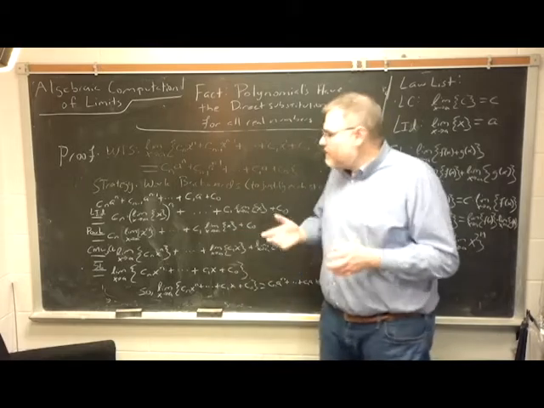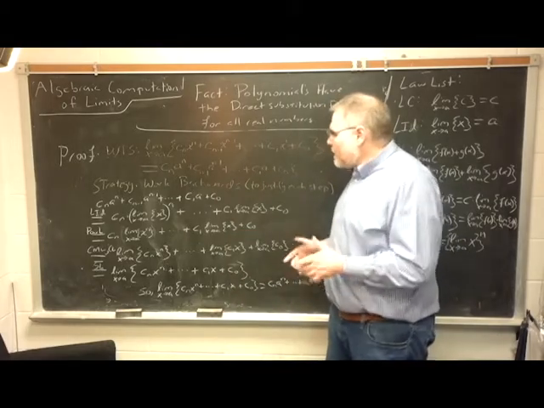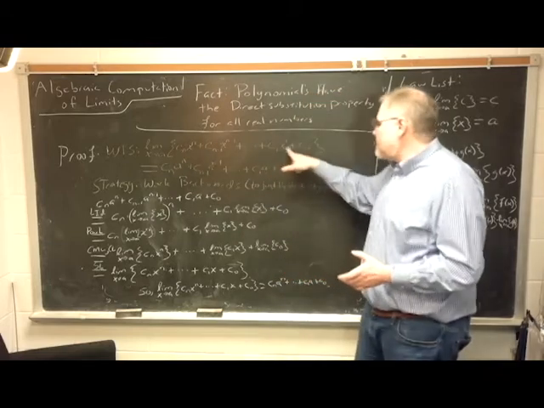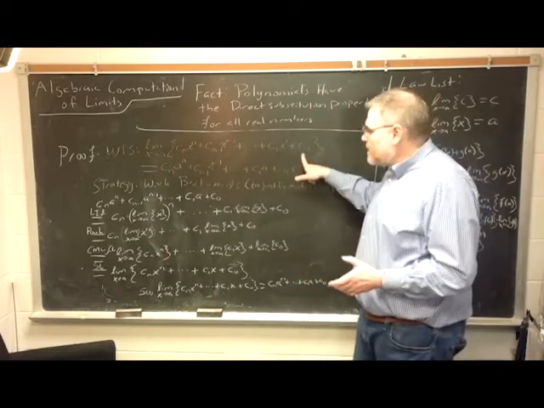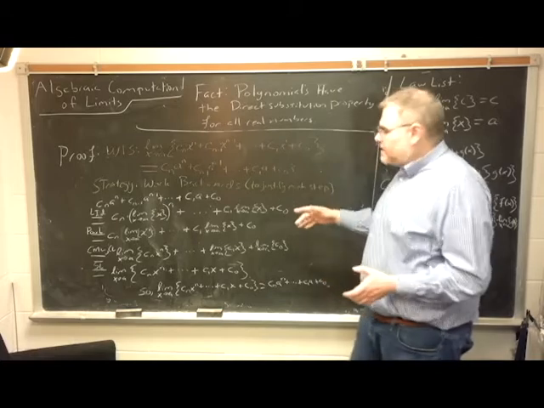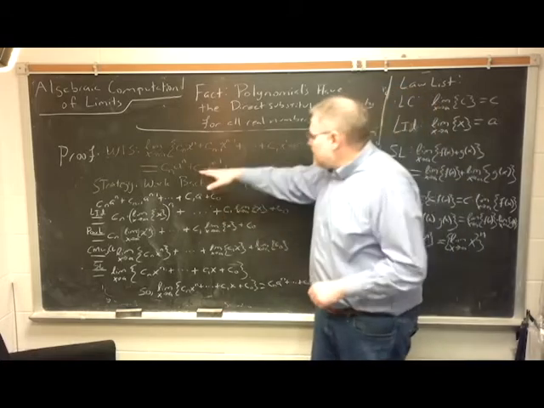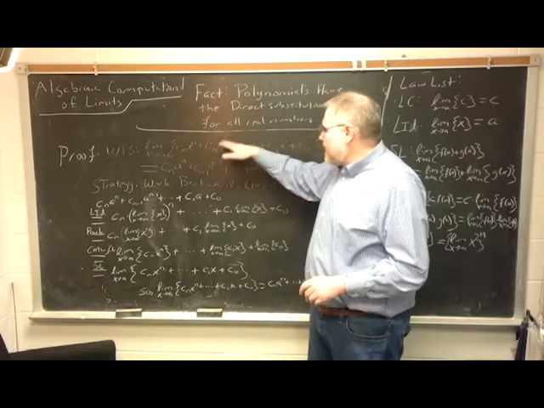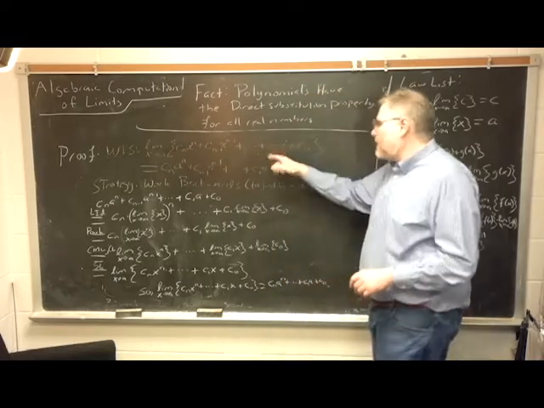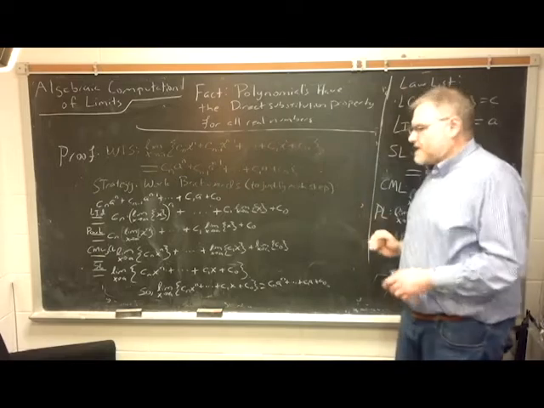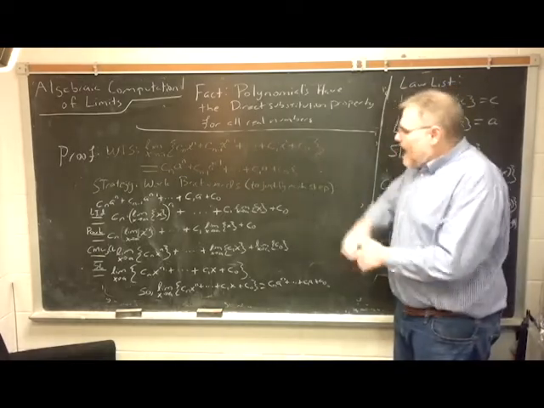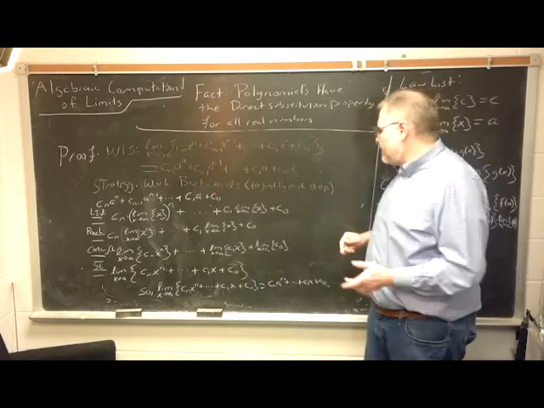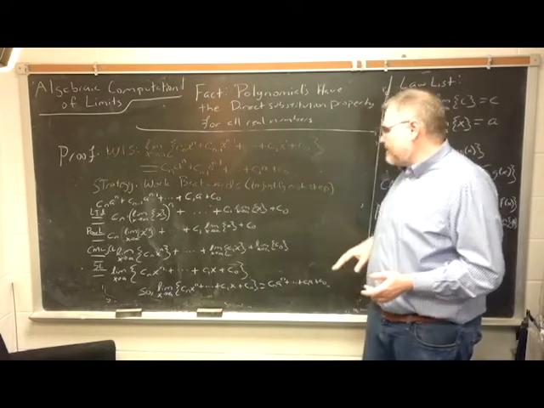A polynomial is a function so that there are a finite number of constants c_n, c_{n-1}, and so on, down to c_1 and c_0, so that the function can be written as c_n x^n plus c_{n-1} x^{n-1} plus and so on, c_1 x plus c_0. And I want to show that the limit of this equals the function if I just directly substitute in.